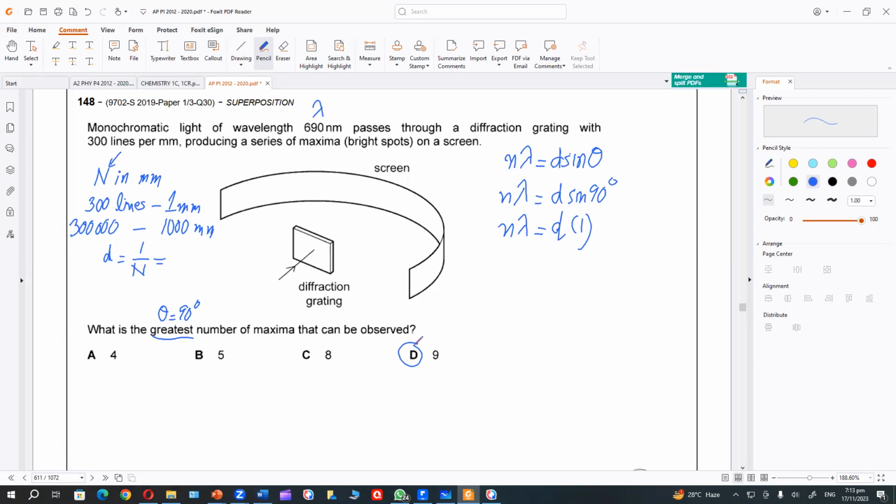Then we find the value. How much d is coming? It is coming to be 1 upon 300,000. And then lambda is 690.